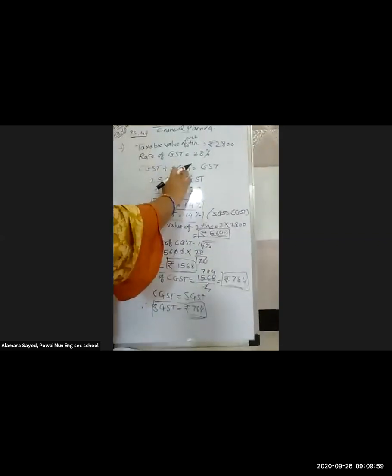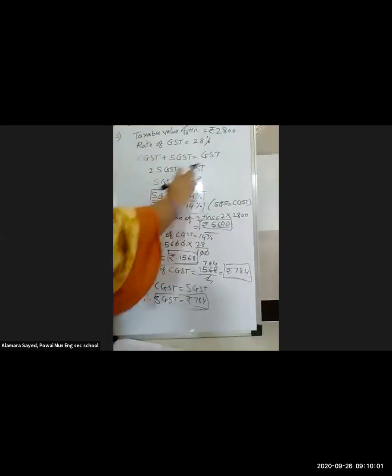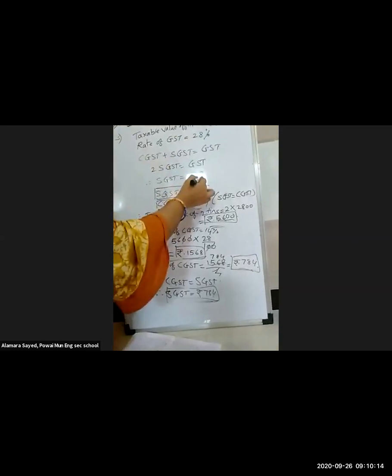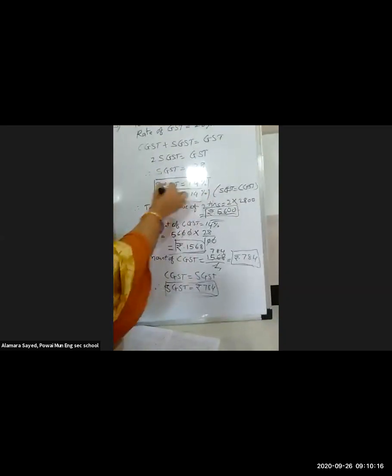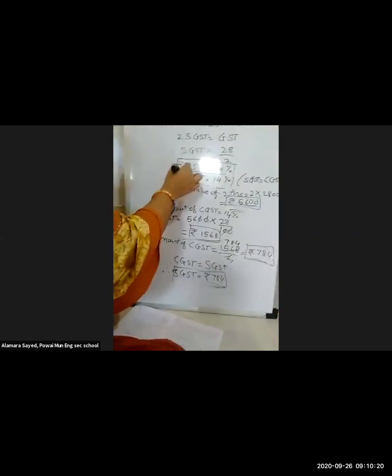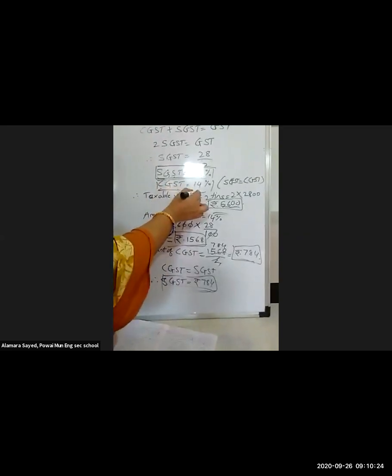CGST plus SGST, we know that it is GST. Then twice SGST is equal to GST. Therefore we can say that SGST is equal to 28 upon 2, as it is given 28%. So we have to half it. So SGST will be 14%. And the same way we know that SGST is equal to CGST. Therefore CGST will also be 14%.